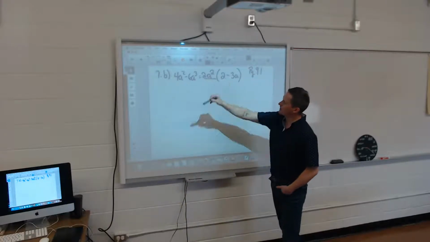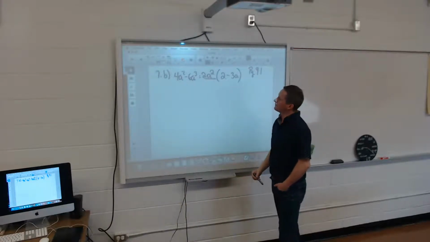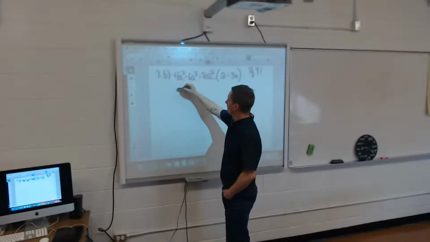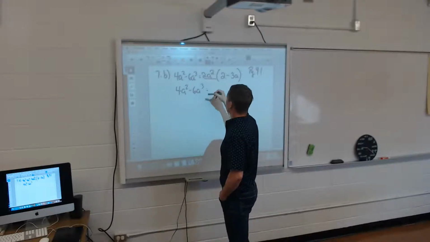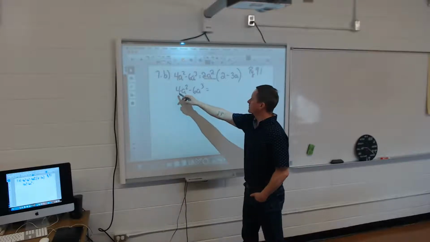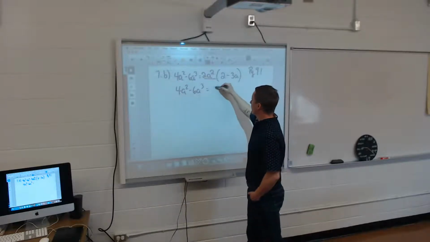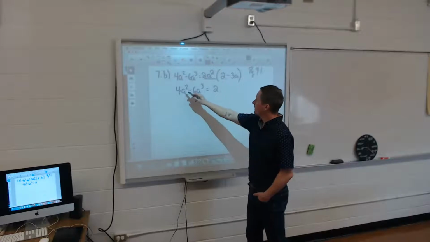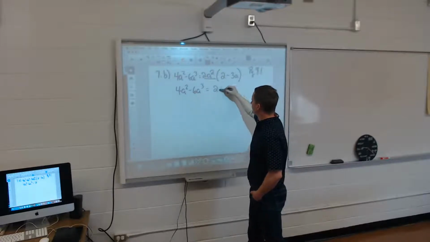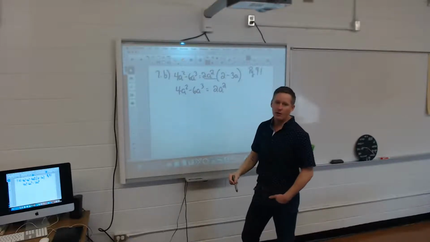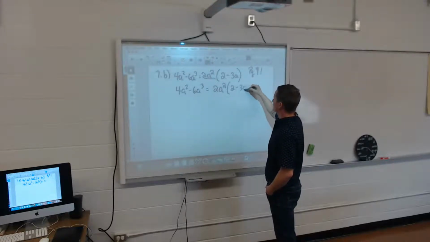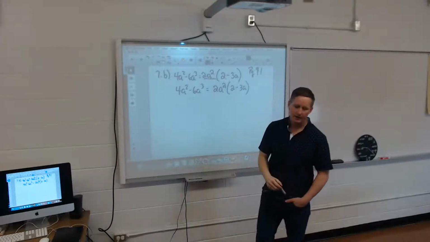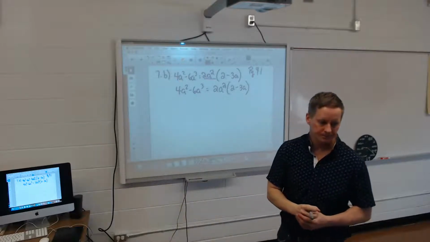So I can work it backwards if necessary, but personally I would have just done this question without it and said, okay, what's the greatest common factor that goes into 4 and 6? It's 2. A squared into a cubed, a squared, it's always the lesser of them. And then I'm left with 2 minus 3a. So whichever way you're comfortable with.